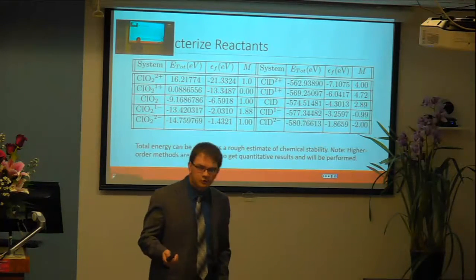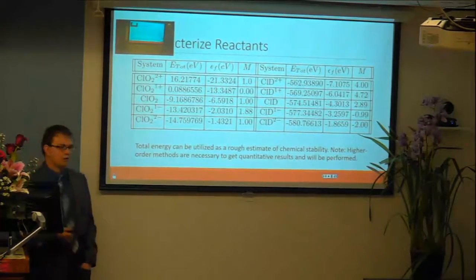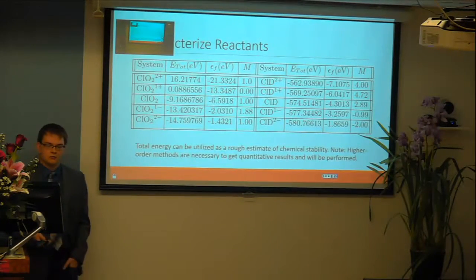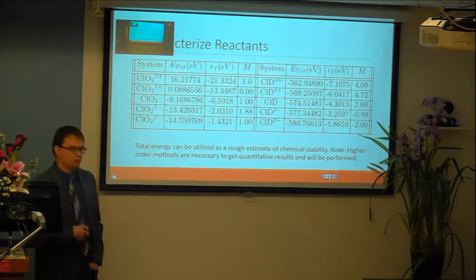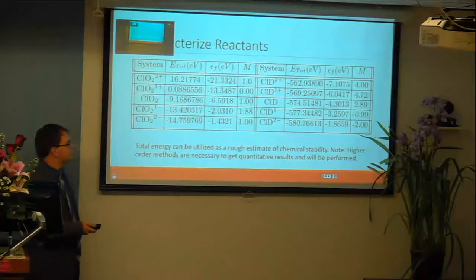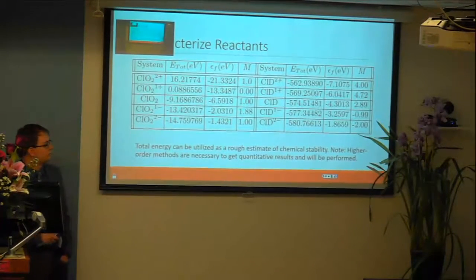This could be an artifact of the results from the DFT. We could move to higher level results, and this may change. It's important to note that we could use higher level methods, and I will probably be doing that; I actually have some calculations running right now doing optimizations for higher level theory.